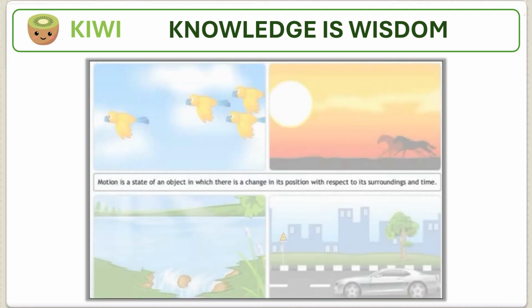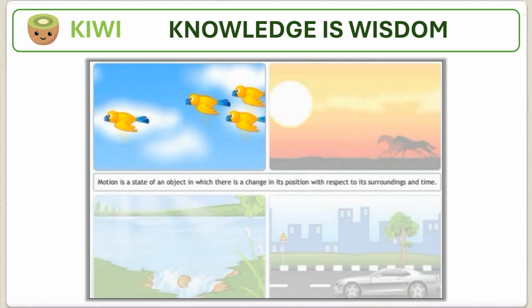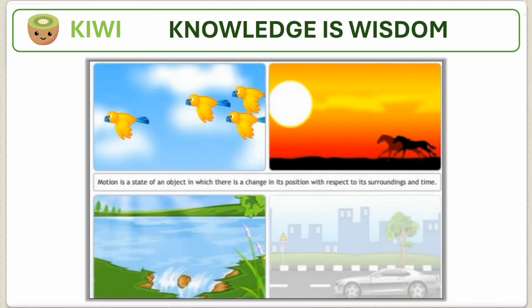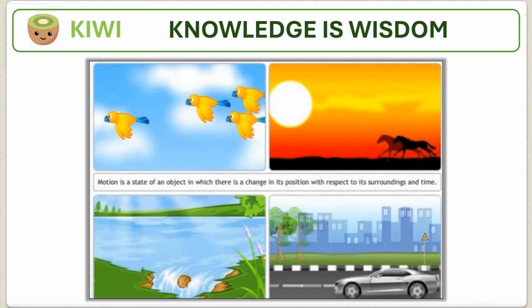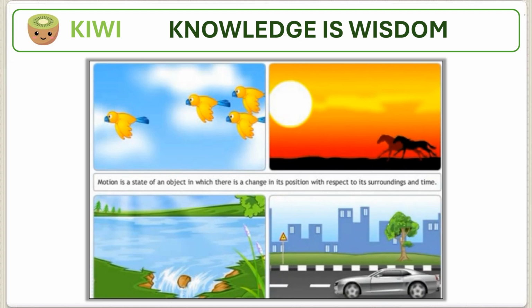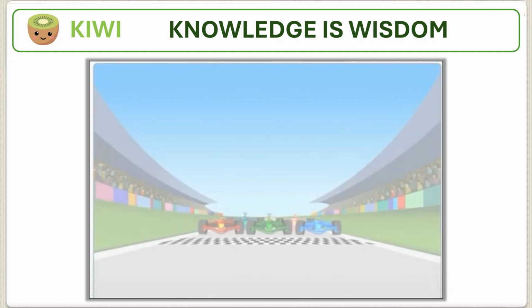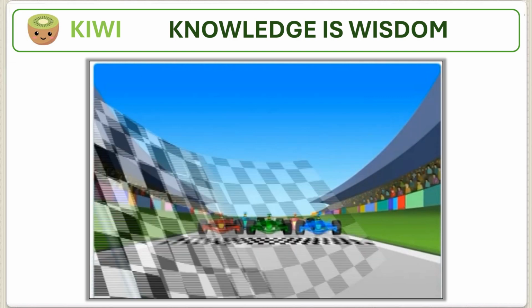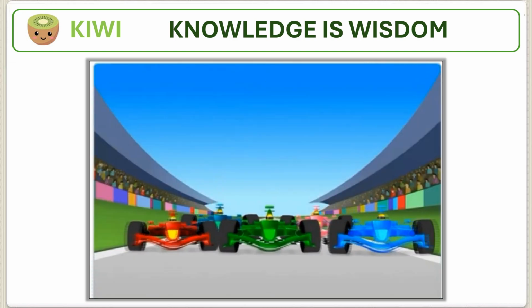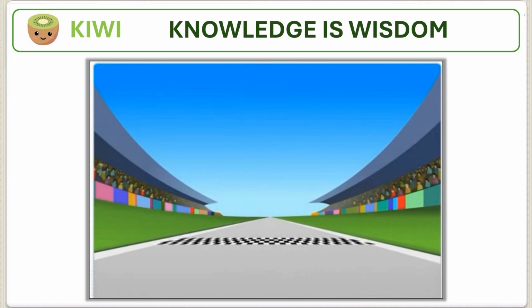In everyday life, you see some objects at rest and others in motion. Birds fly, horses gallop, water flows through rivers, and cars move. You see these are in motion. Thus, motion is a state of an object in which there is a change in its position with respect to its surroundings and time. When a car race starts, the position of each car participating in the race changes relative to the stands, spectators, and so on.